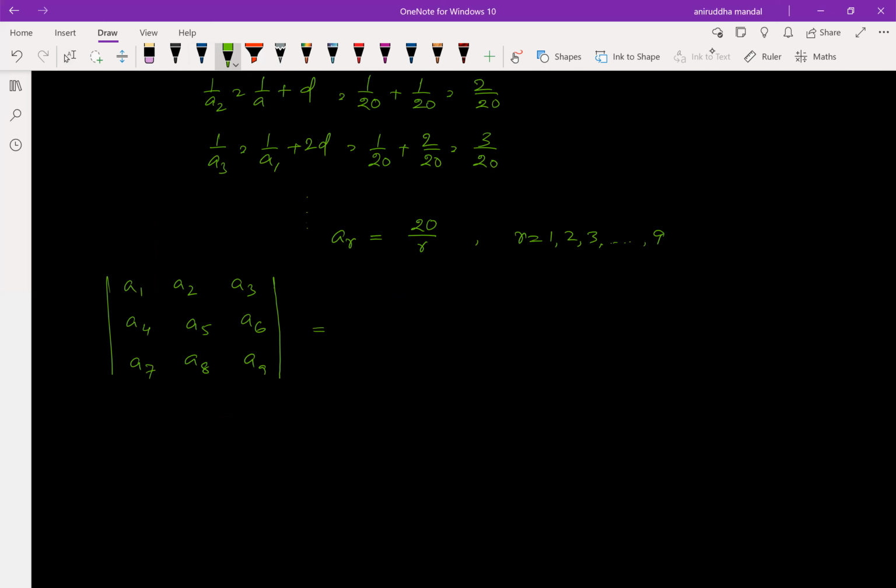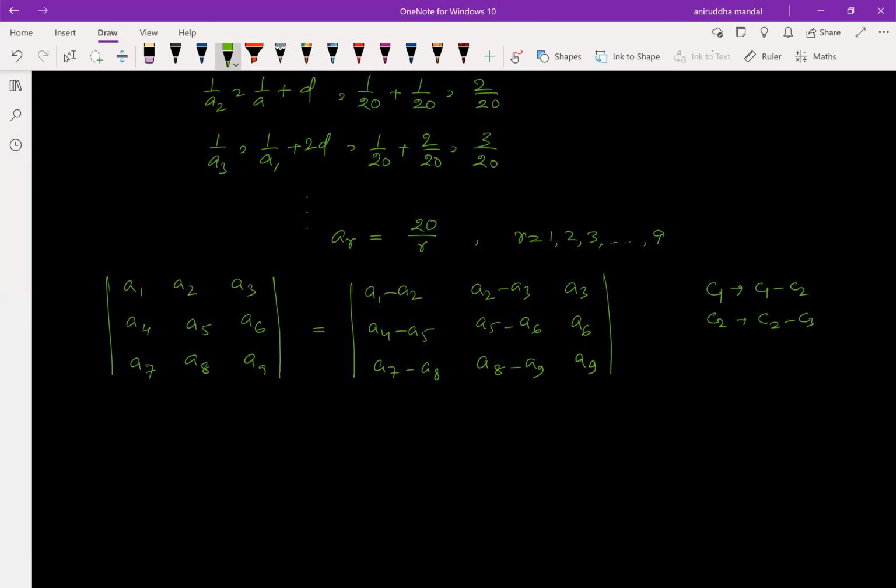First we can use C1 becomes C1 minus C2 and C2 becomes C2 minus C3. So here A1 minus A2, A4 minus A5, then A7 minus A8, and A2 minus A3, A5 minus A6, A8 minus A9, and the third column stays A3, A6 and A9.